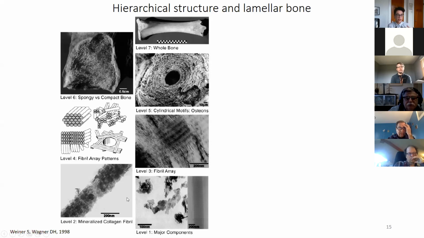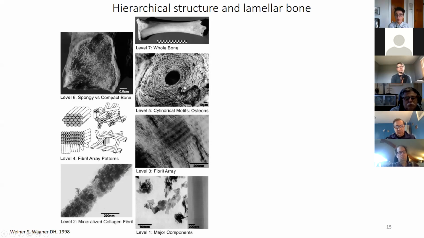This schematic shows that bone has quite a complicated hierarchical assembly of nested structures, starting from the crude components of mineral and protein called collagen. Mineral is associated with collagen to form mineralized collagen fibrils. These fibrils form registered arrays, and these arrays, depending on the tissue purpose, form different patterns of various degrees of anisotropy.